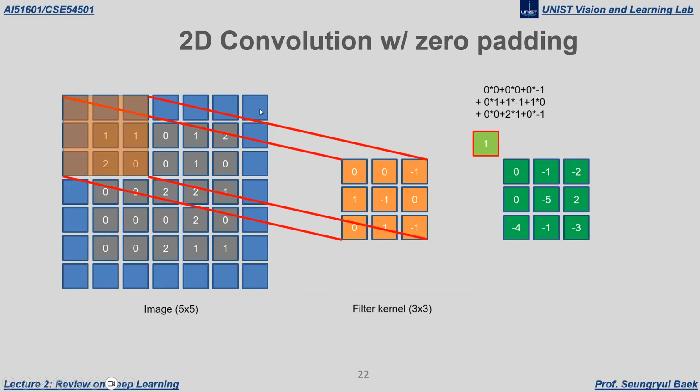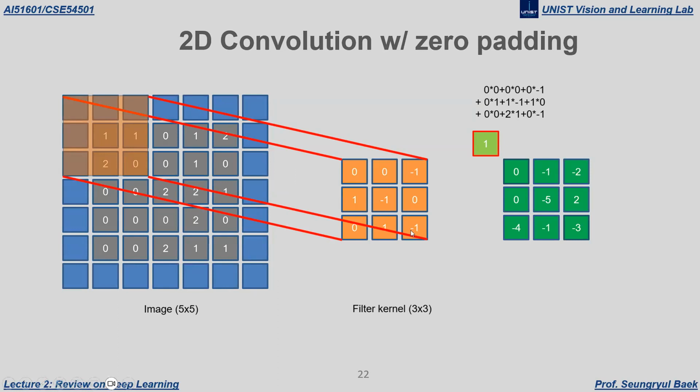These blue pixels mean that you will surround the original image with zero values. The gray pixels are the original 5 by 5 sized input image, but you will surround it with 0 pixels, which is the blue box, okay?